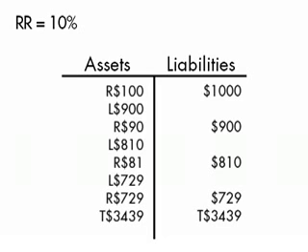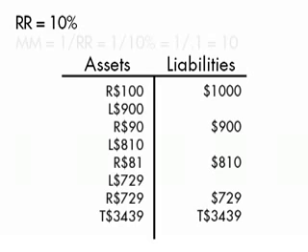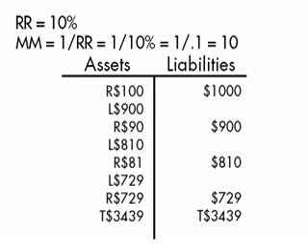Eventually it's going to peter out. Once all of that happens, the money on our ledger from all this fractional reserve banking will have multiplied by a factor of 1 divided by the reserve ratio. So with a 10% reserve ratio, the money multiplier will be 10 times. Our original $1,000 will turn into $10,000 by the time this is all done.